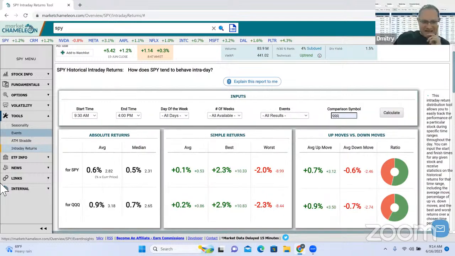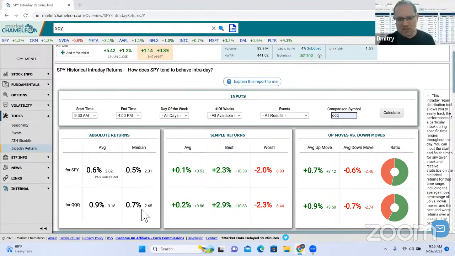Here I could see that in the same time frame, SPY moved up or down on average 0.6% versus QQQ 0.9. So this is telling us that QQQ is more volatile, right? Based on those historicals. What about the median move? Same thing. SPY moved 0.5% versus QQQ 0.7%.